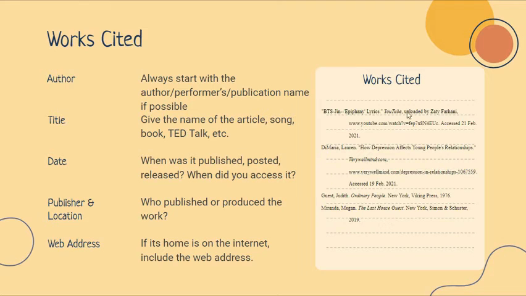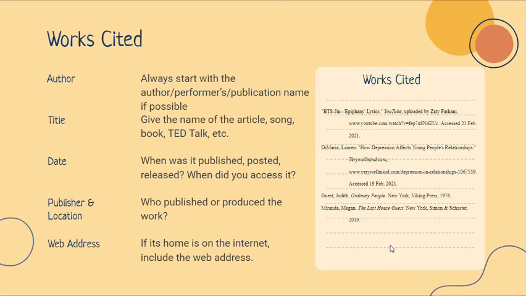So to the right, you can see my works cited page that I have begun, and you can see that it's listed alphabetically, last name first, and then all the other important information was already formatted for me conveniently by NoodleTools.